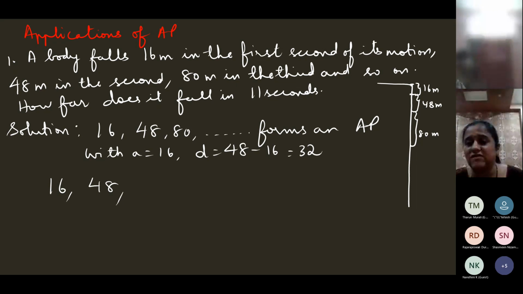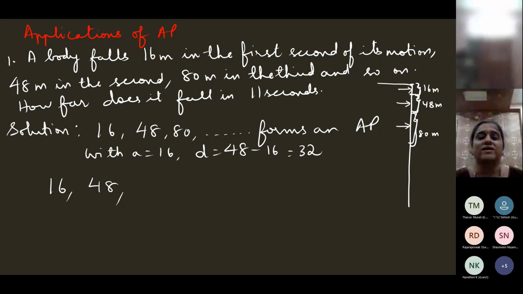So this is the distance traveled in 1 second, this is another 1 second, this is another 1 second: the first, the second and the third second. Only in the third second it travels 80 meters. But in 3 seconds, it is the distance traveled in the first second plus the second plus the third second. That is the distance traveled in 3 seconds.